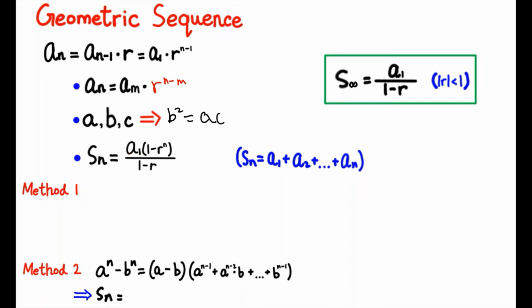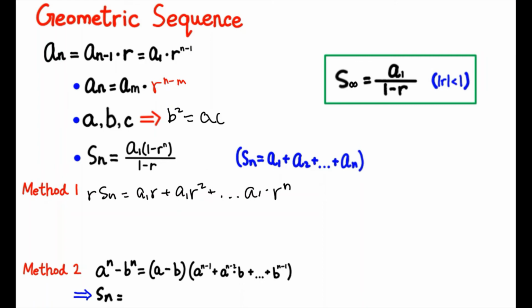Since Sn is equal to a1 plus a2 all the way to an, this means that rSn is equal to a1r plus a1r squared all the way to a1 times r to the n. This is because a2 is equal to a1 times r, and by multiplying another r, we'll just get this over here.